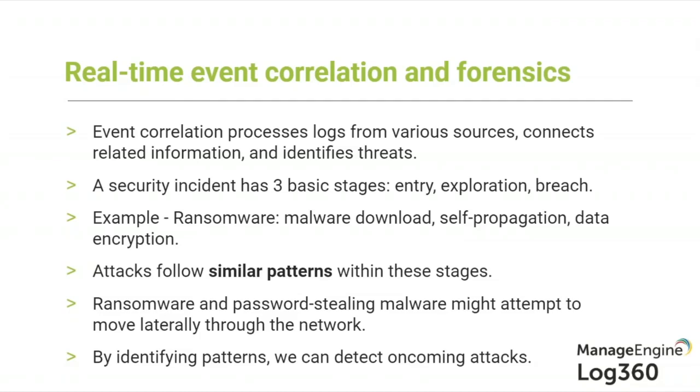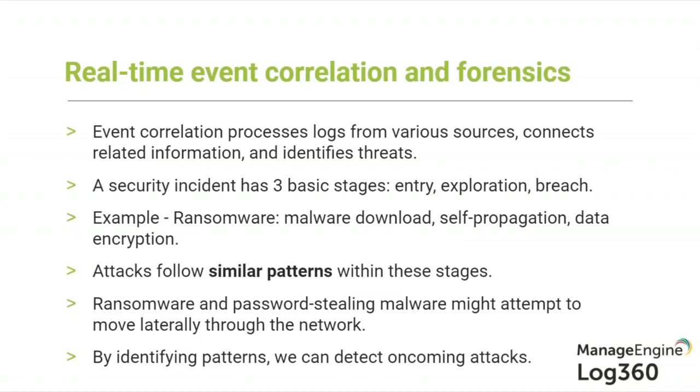What we need to note from this is that all attacks follow very similar patterns within each of these stages. So let's consider ransomware. The three basic stages of a ransomware attack would be: first, how the malware is downloaded onto your network. The most common way of ransomware being delivered is through an email. Of course, there are several other ways, but let's assume an email delivers ransomware to your network, and that would be the entry stage.